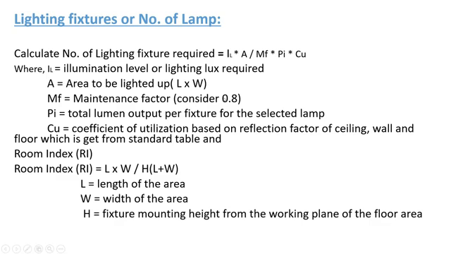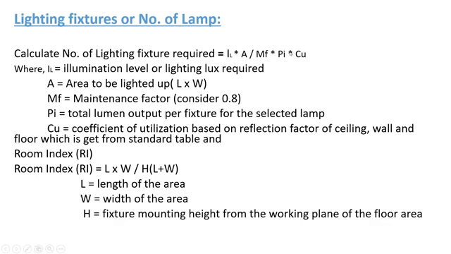It's just taken from the standard. Normally we consider 0.8. Then PI means total lumen output per fixture for the selected lamp. It means we already selected the lamp, either CFL or fluorescent. That lamp's light output, the total value, we have to consider in the PI.